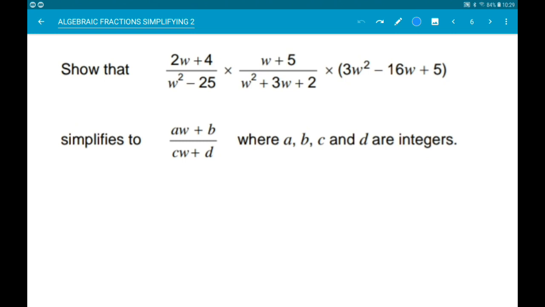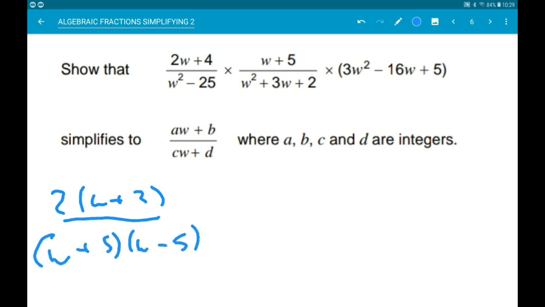So we're going to factorise as we go, so 2w add 4 is 2 lots of (w add 2). w squared minus 25 is a difference of 2 squares, so it's (w add 5)(w minus 5), times (w add 5), and then w squared add 3w add 2 is (w add 1) times (w add 2).